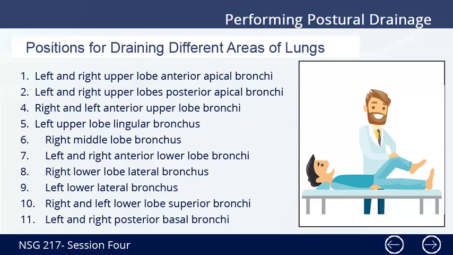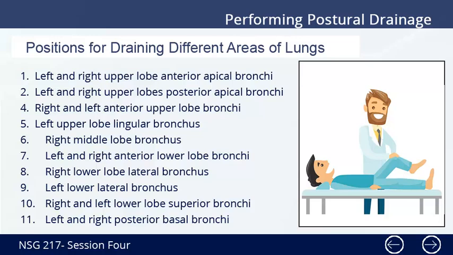Number 8, left lower lateral bronchus. You will have the patient lie on the right side in Trendelenburg position with foot of bed raised to 45 to 50 cm. Percuss and vibrate the left side of the chest below the scapula, posterior to the mid-axillary line.